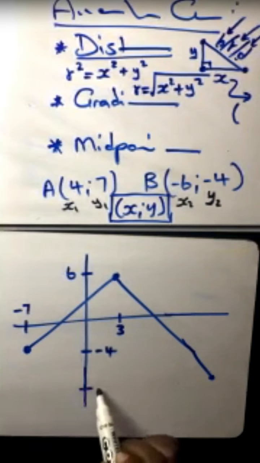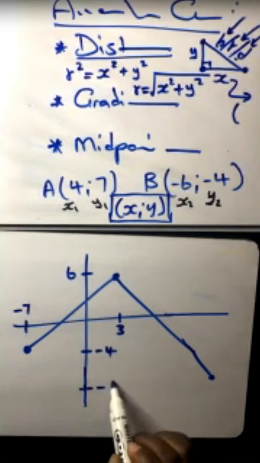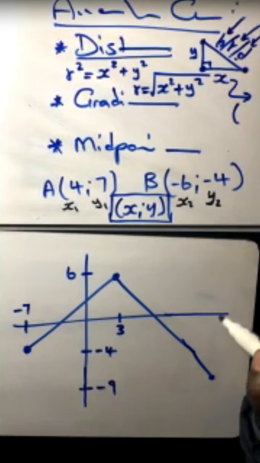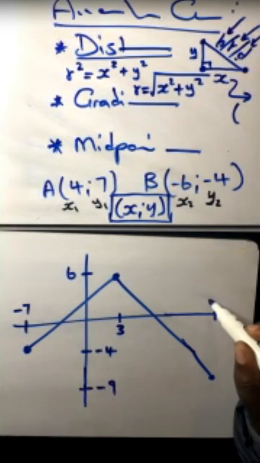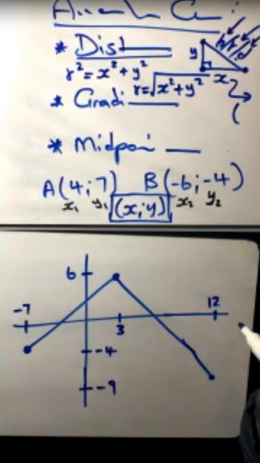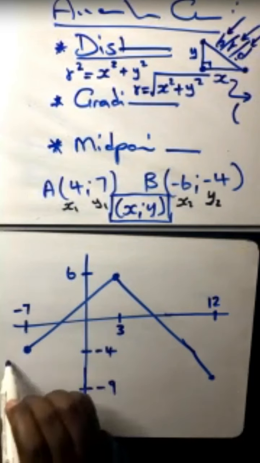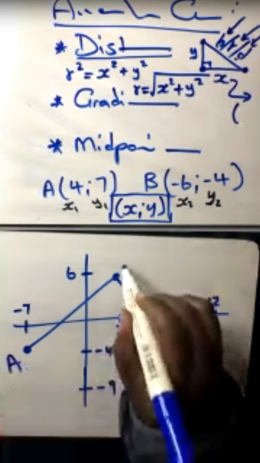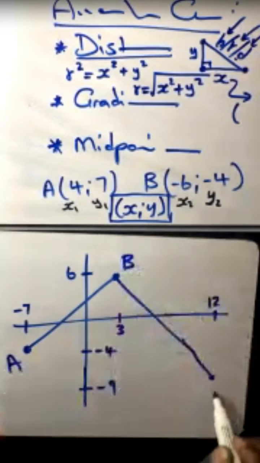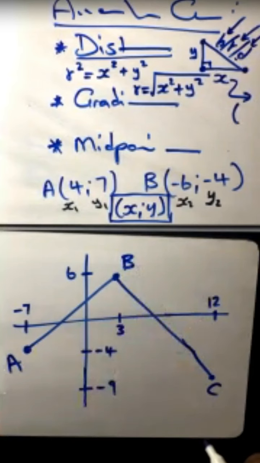That one, let me make it negative 9. And that point, I'm going to make it 12. And say, this is A, B, then C.